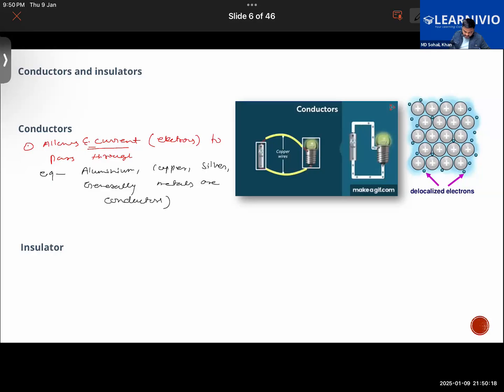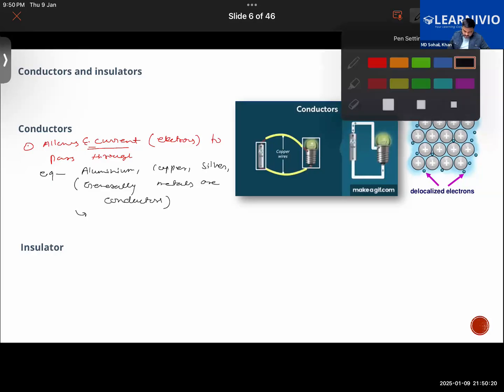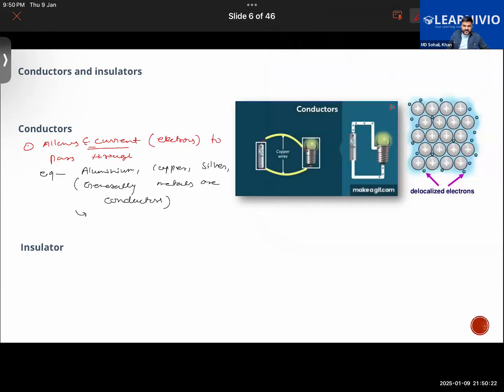Metals are basically substances, elements that are strong, tensile, malleable, and sonorous in nature. We have some exceptions like sodium, although a good conductor, but it cannot be used as wire since it is soft.